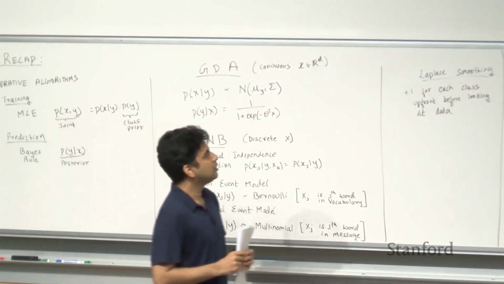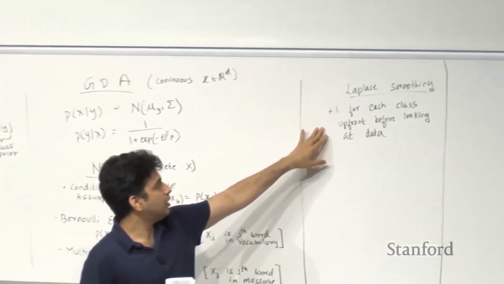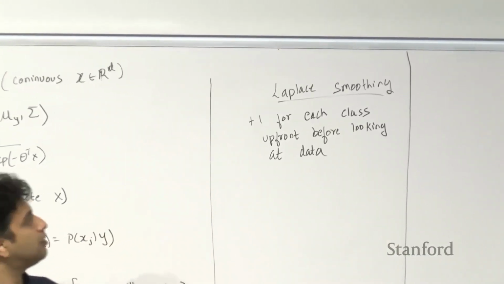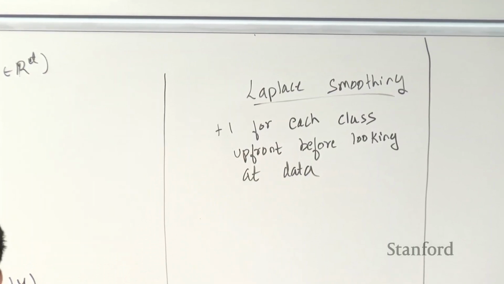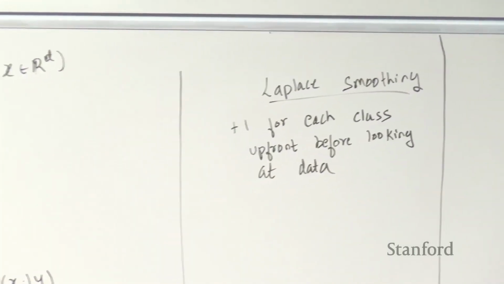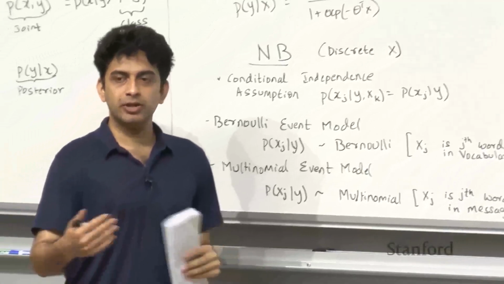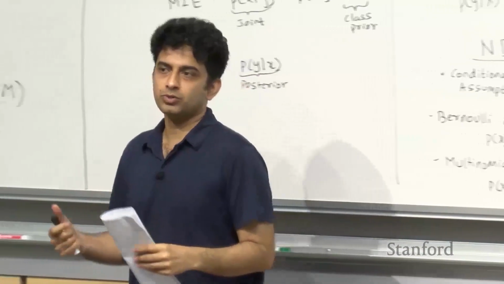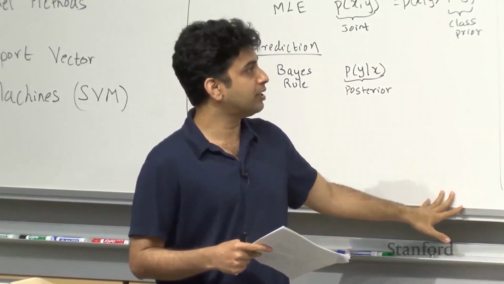The idea there is we perform something called Laplace smoothing, where we assume we see one example of each class once in our training set, and then we start looking at the training data and do our counting of messages or counting of words and so on. That's a quick recap of what we did.